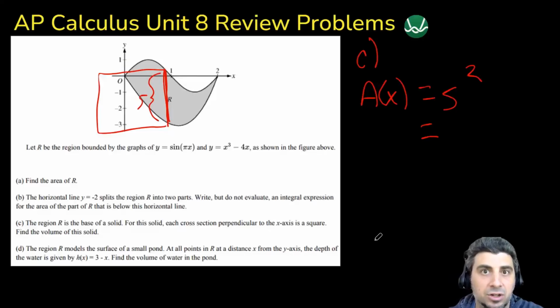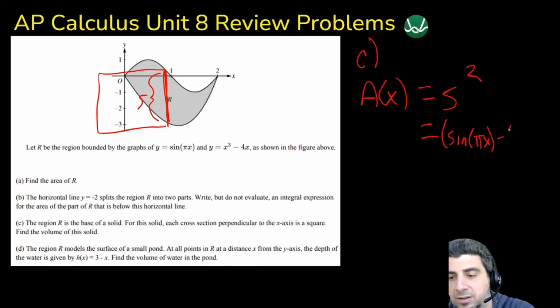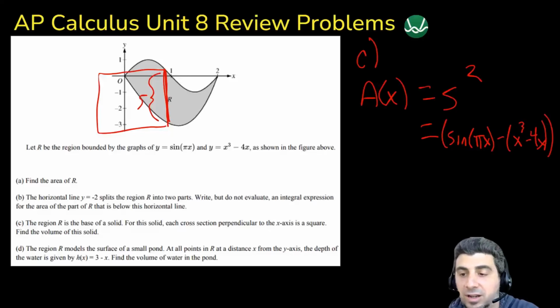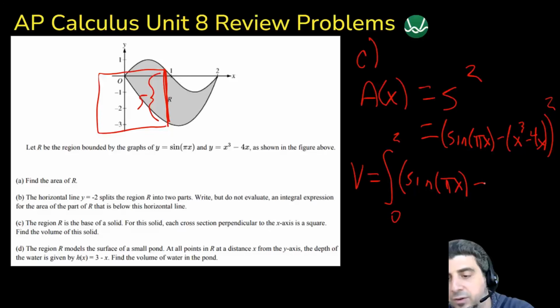And that again is just top minus bottom. The top curve is sine. This is going to be sine pi x minus the quantity x cubed minus 4x. That whole entire difference squared. And then the volume is just the integral of that from 0 to 2 of the quantity sine pi x minus the quantity x cubed minus 4x all squared dx.